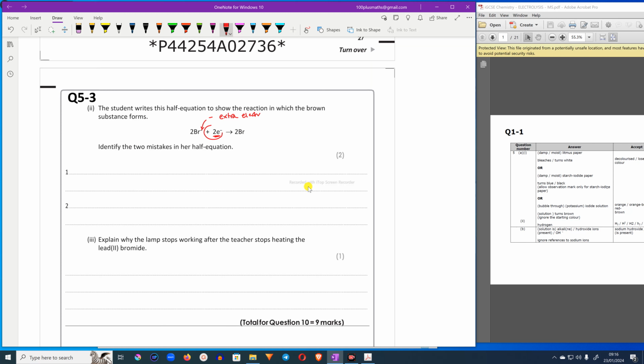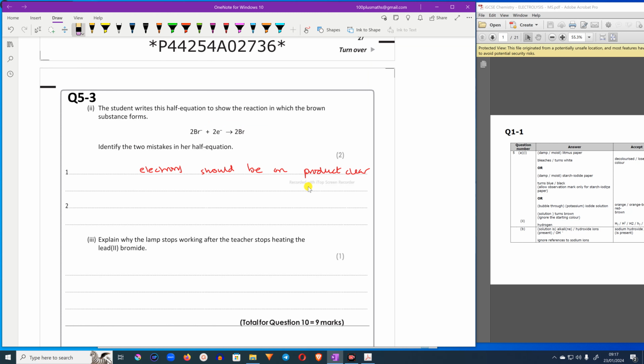So electrons should be on the product side, just to make it clear. What they could have done is put -2. So that's the first thing.